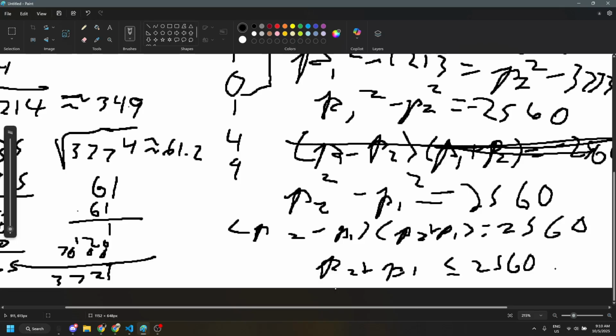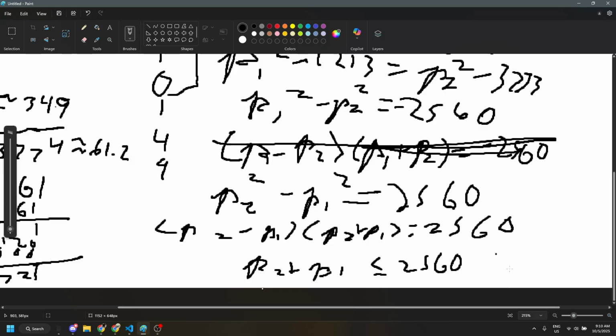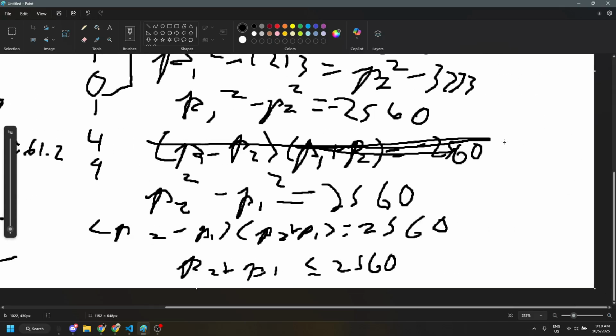Oh, I just had an idea. We know that these are integers, so they must be factors of 2560. So 2560 is 10 times 256, which is, what is that? 2 to the, oh my gosh. 2 to the 6 is 64, 2 to the 7 is 128, 2 to the 8 is 256.